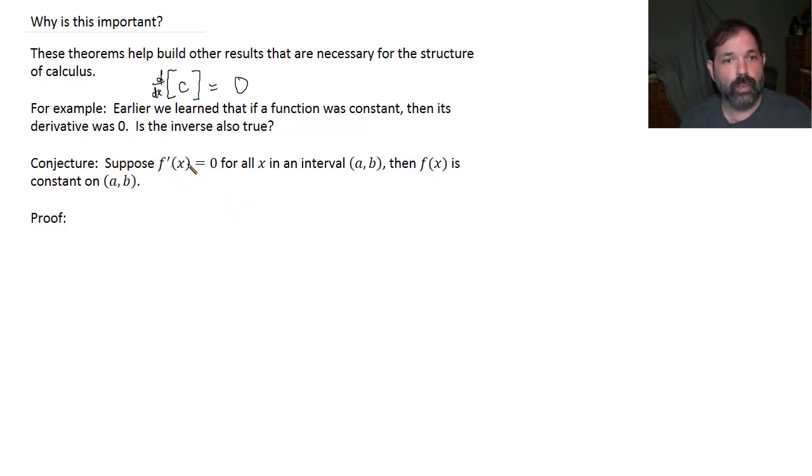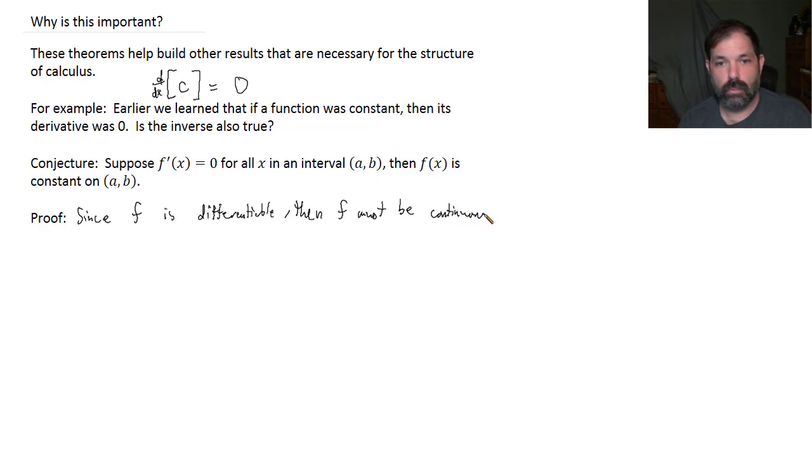Alright, so let's start with what we know. We know the function has a derivative equal to 0 for all x in some interval a, b. Since f is differentiable, then f must be continuous on the interval a, b.